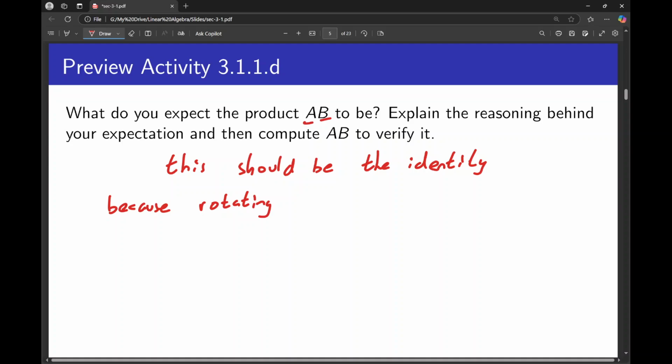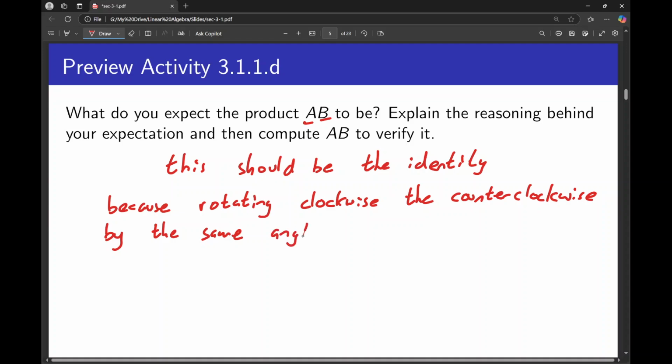We're doing B first and then A. So rotating clockwise, then counterclockwise, by the same angle will cancel out.